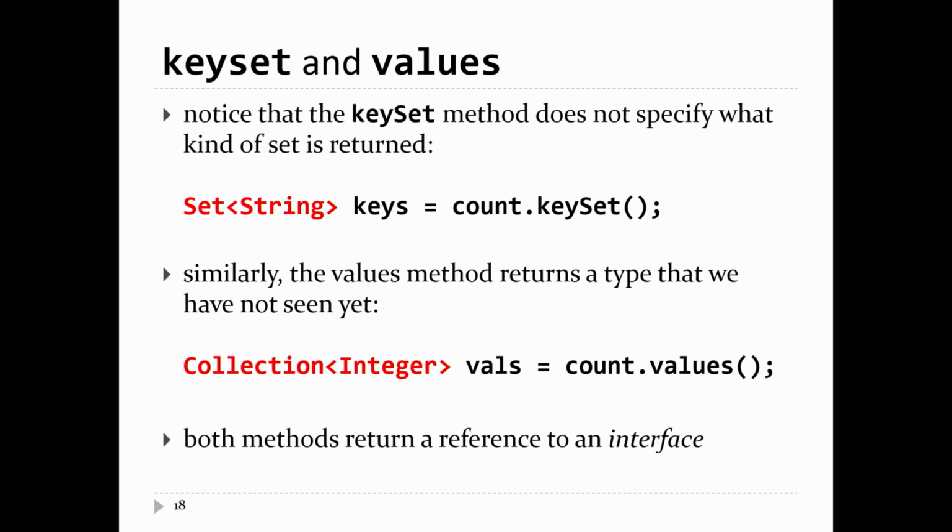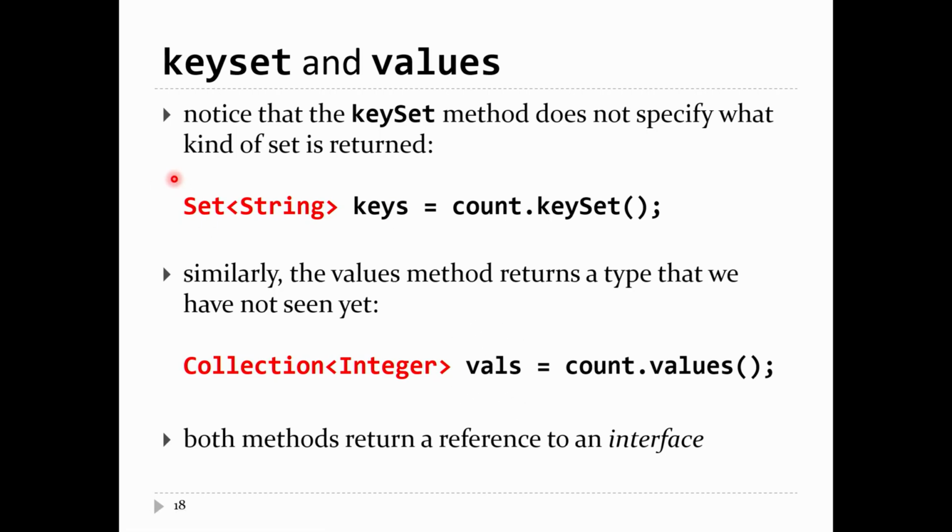All right, so key set and values, they don't say what kind of set or what kind of collection are returned by the methods. What you do know, though, is that set begins with a capital S and collection begins with a capital C. And so you know for sure that whatever keys is and whatever values is, these things are reference types.